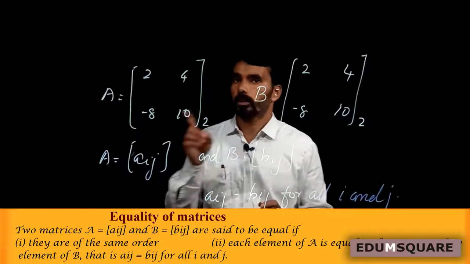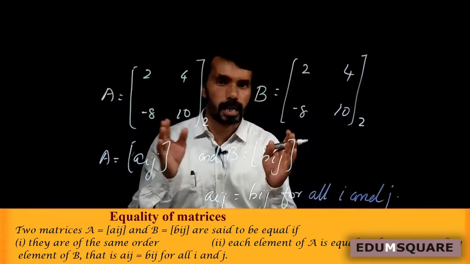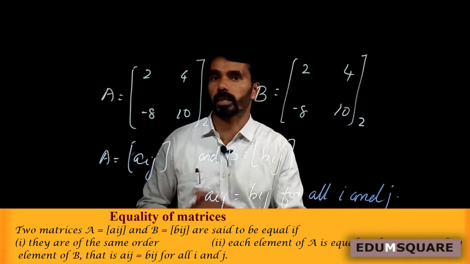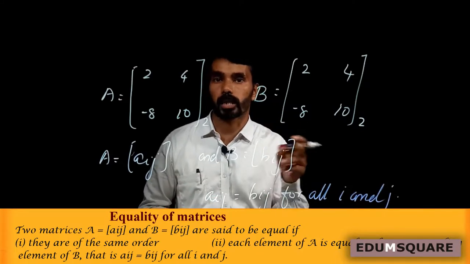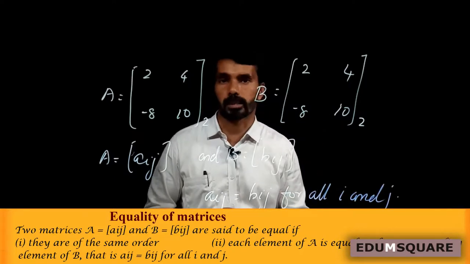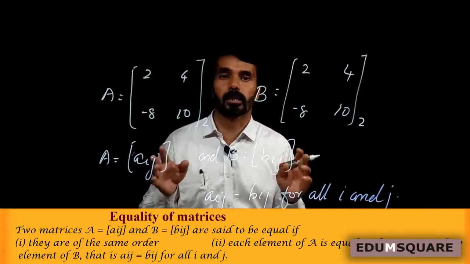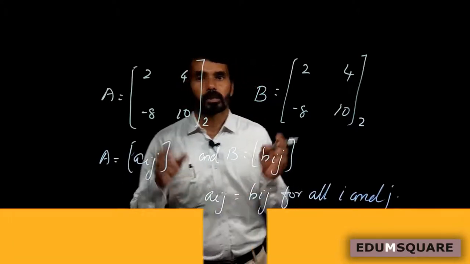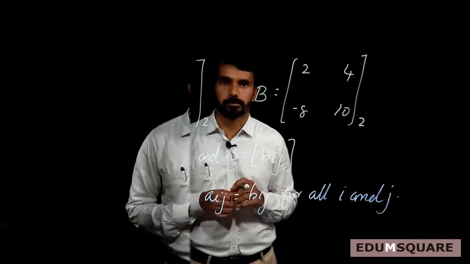First, both of them should have the same order. Second, each element of the first matrix will be equal to the corresponding element of the second matrix. Then we say those two matrices are equal matrices.